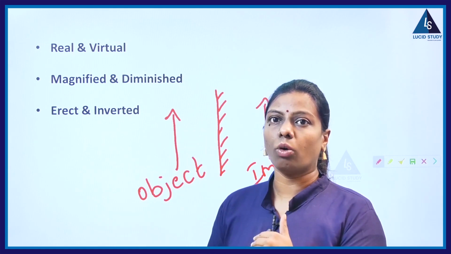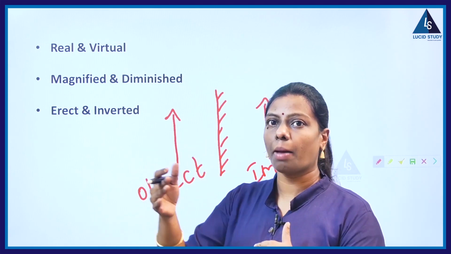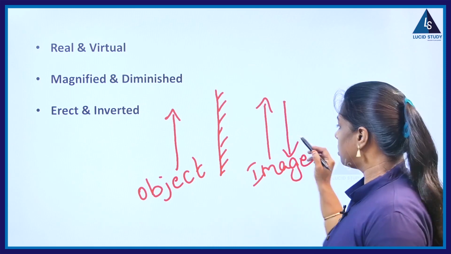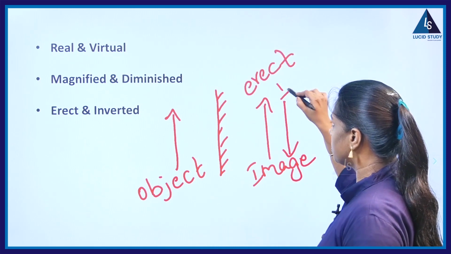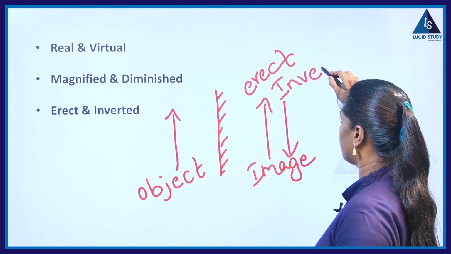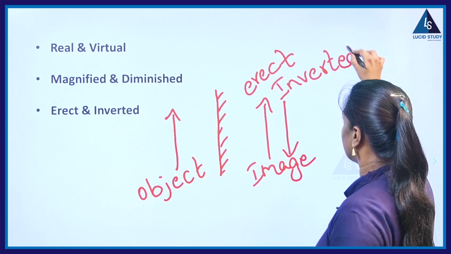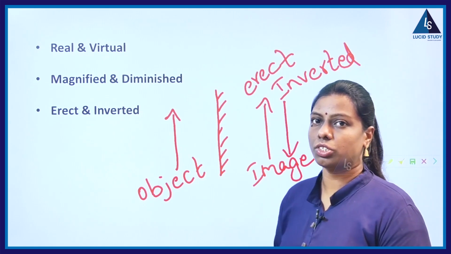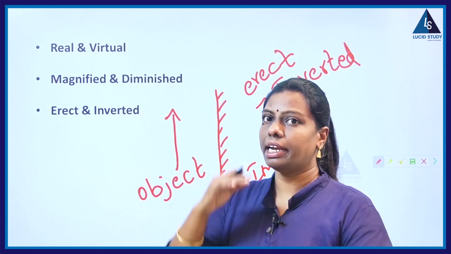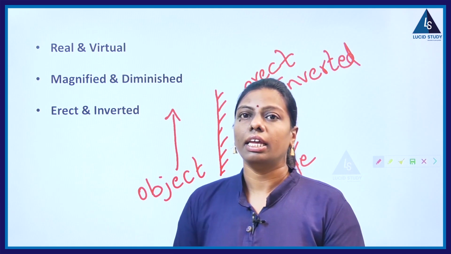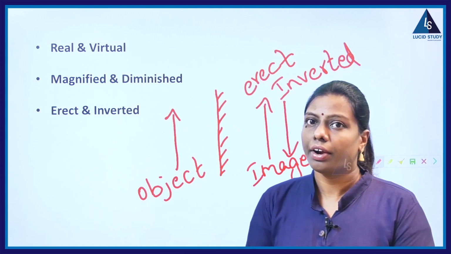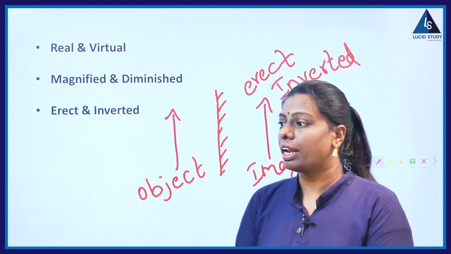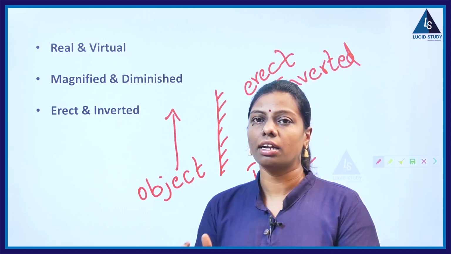Upside will be down and downside will be up, like this. This is an erect image and this is an inverted image. Up will be down and down will be up in the inverted image. So you are familiar with these terms: real and virtual, magnified and diminished, erect and inverted.